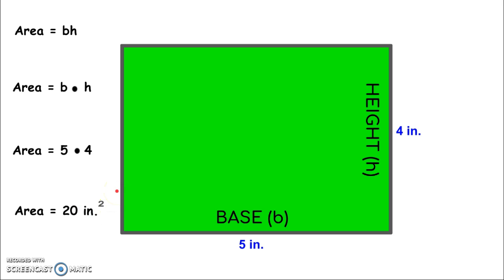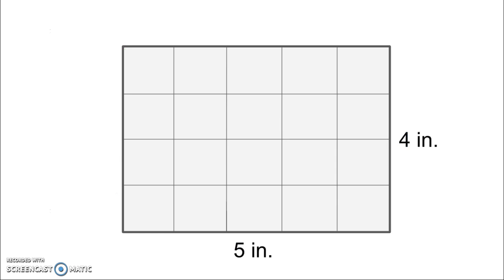Now, you've done this on computation quizzes before, but to give you some insight into what this really means, I've created this other example. Here's the same rectangle, but instead of painting it green, I've divided it up into squares. Here's 4 squares going up and 5 squares across, our base and our height. If we multiply these together, we know our answer is going to be 20.